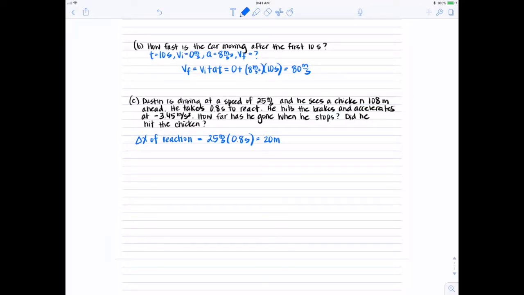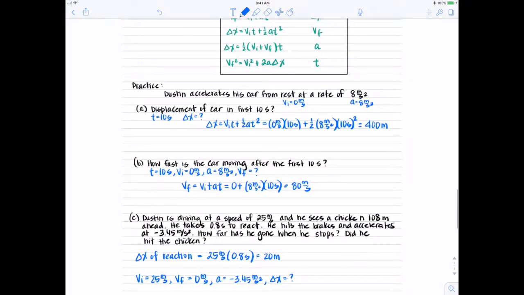Then he hits the brakes and accelerates at negative 3.45 meters per second squared. Okay, so his Vi, 25 meters per second. Vf, because we want him to stop, is 0. Acceleration, negative 3.45 meters per second squared. We are solving for delta x. And so we could leave out time.